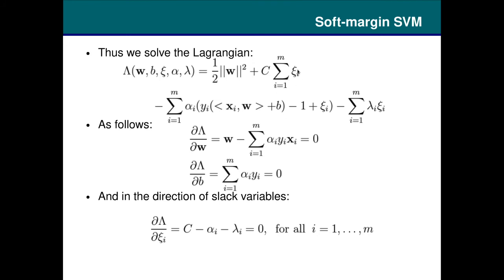In terms of psi i, a given psi, I have C minus, of course, this psi i is multiplied by alpha i, so minus alpha i. This very same psi i is multiplied by lambda i, so minus lambda i, as seen here, equals 0, to make the gradient vector of my objective function parallel to the gradient vector of my constraints for every i from 1 to n.